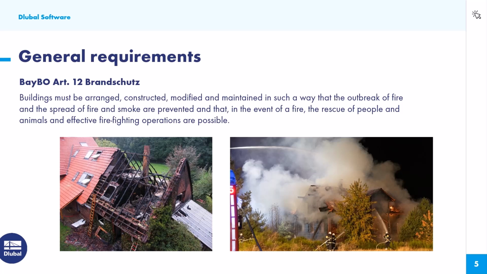But I guess in general this sentence says everything, so that's why I read it. Buildings must be arranged, constructed, modified and maintained in such a way that the outbreak of fire and the spread of fire and smoke are prevented, and that in the event of fire the rescue of people and animals and effective firefighting operations are possible. And I guess this is clear to everyone, that this is our big aim.